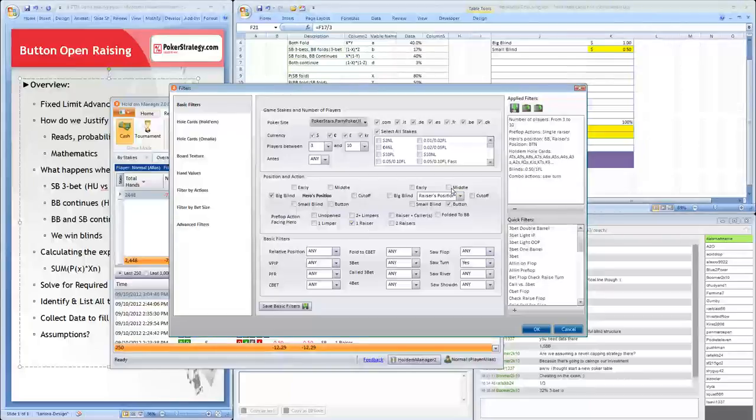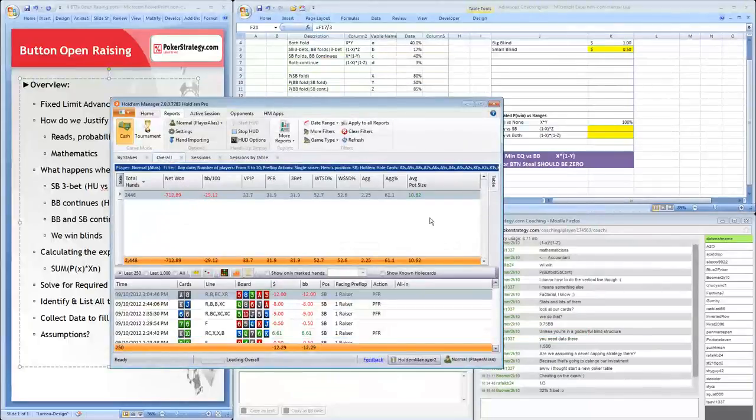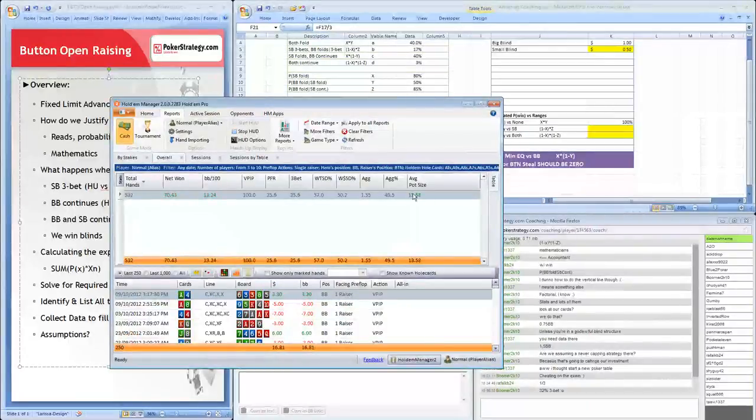So we've got one raiser. The raiser's position is the button. We're in the big blind. We click OK. And in a second here, we're going to get to see what the average pot size is. Well, it looks to be about, this is in dollars, I believe. Oh, no, it's in big blinds. Okay, that makes more sense.